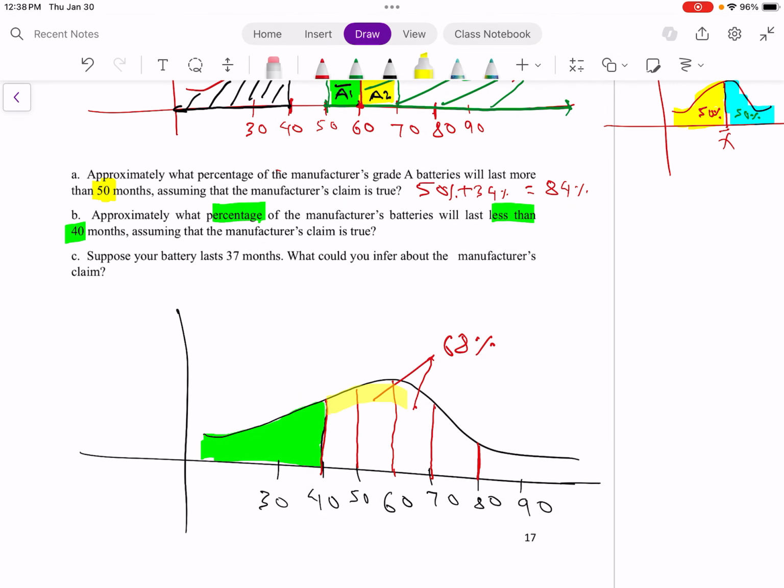So all of this region, up to 80, is 95%. This yellow region is 95%. Our target is finding the green region. Now, how do we find it?